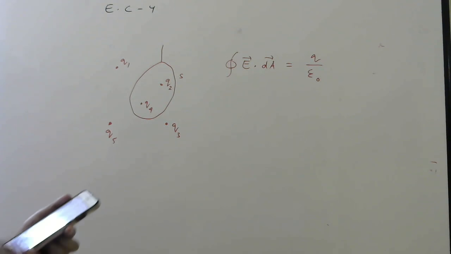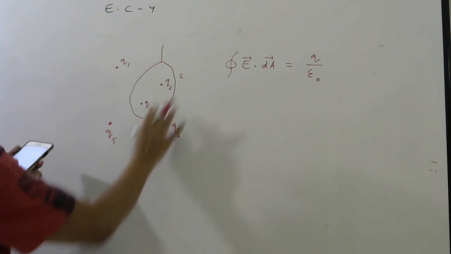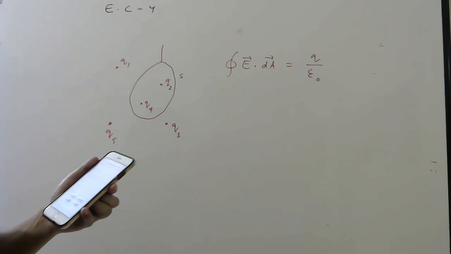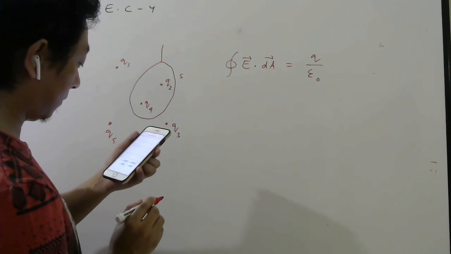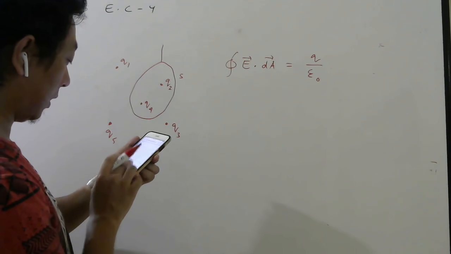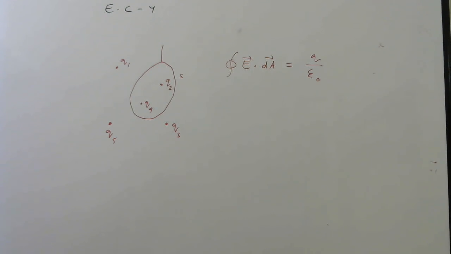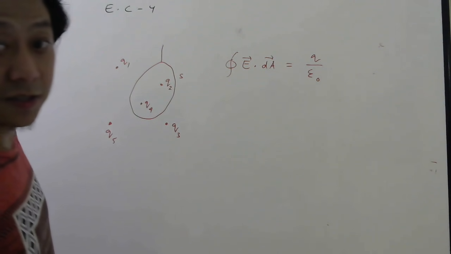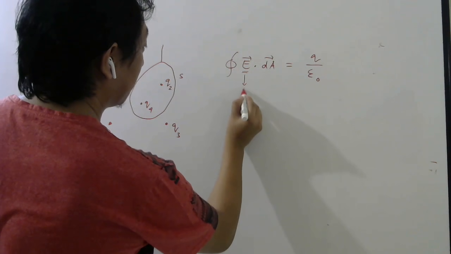They are asking which of these 5 charges are responsible for this E on the left side. Only for this E they are asking. Okay. So out of these 5 charges, which charges are responsible for this E they are asking.